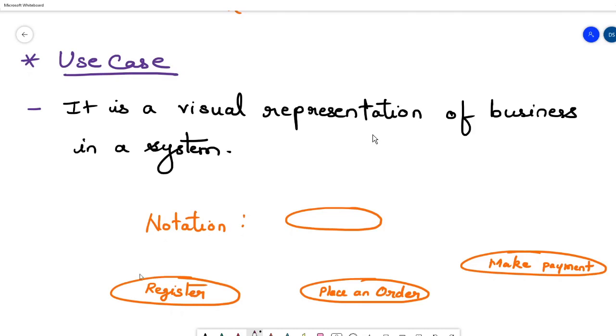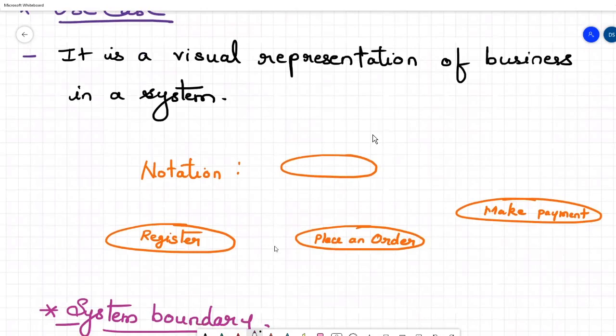Every use case within a system should be unique. We cannot repeat the functions or processes, which means I cannot use this register use case twice in a system. The name of every use case in a particular system should be unique.